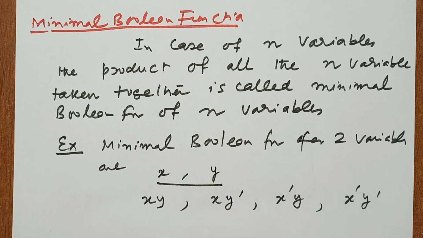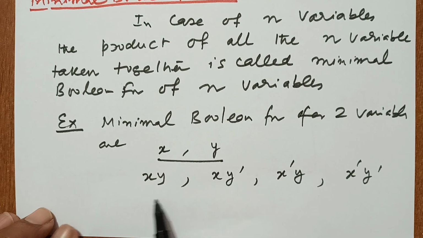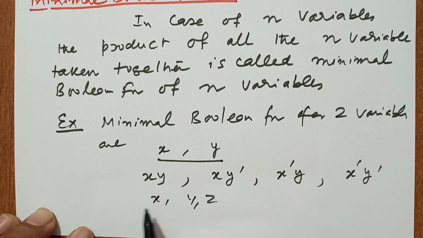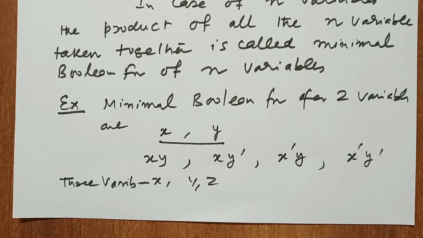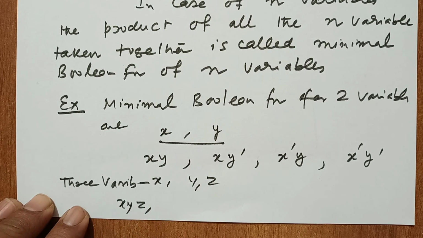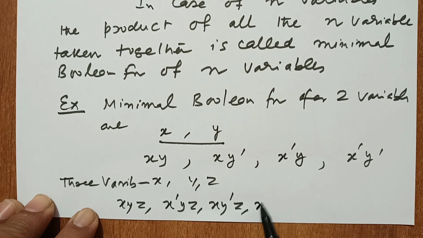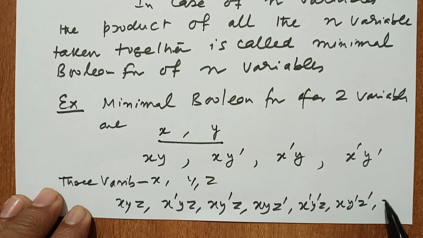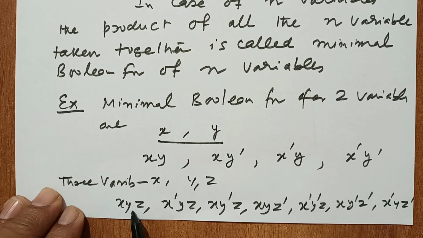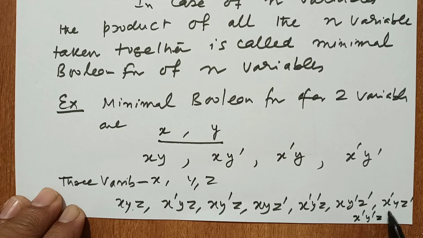If we take three variables, x, y and z, how many minimal Boolean functions are there? x y z, x dash y z, x y dash z, x y z dash, x dash y dash z, x y dash z dash, x dash y z dash, that is 7, and x dash y dash z dash, 8.